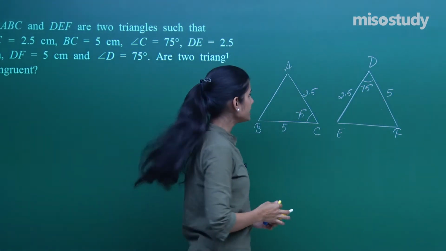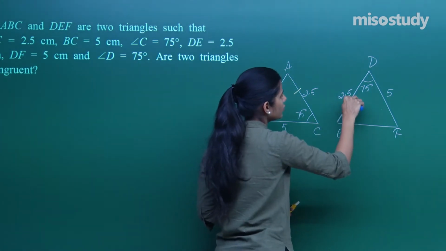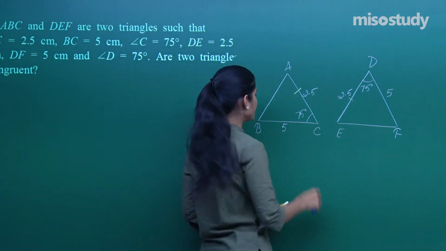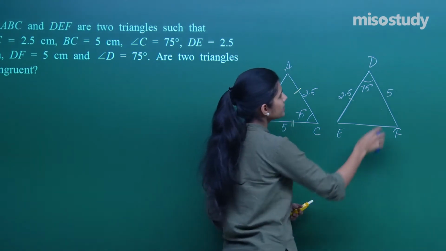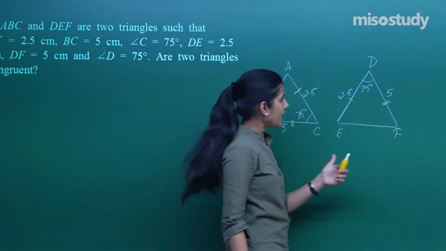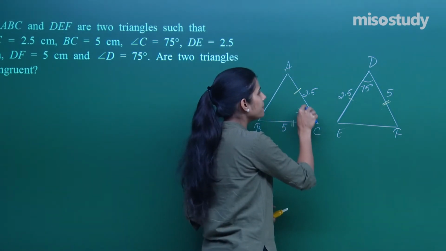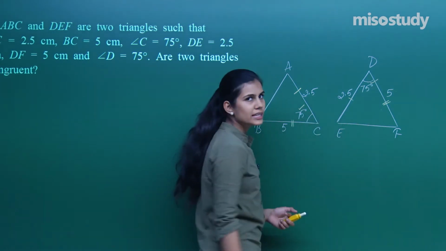If you can carefully see, one side of triangle ABC is equal to one side of triangle DEF. Another side of triangle ABC is equal to another side of triangle DEF. So two sides of one triangle are equal to two sides of the other triangle and included angle between the two sides in both the triangles are same.